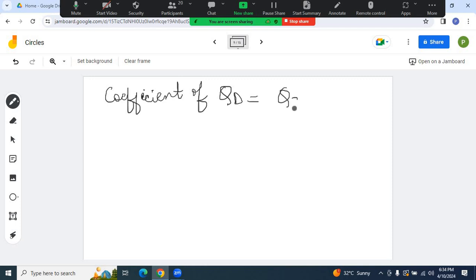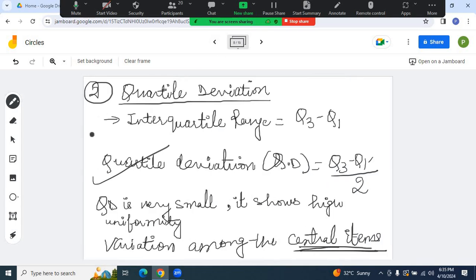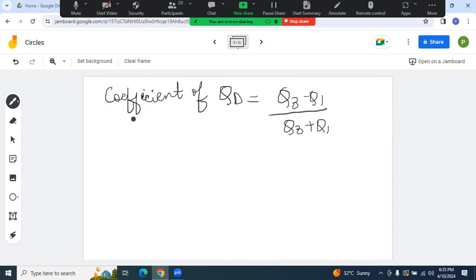It will be Q3 minus Q1 upon Q3 plus Q1. As we studied coefficient of range, in the same way coefficient of quartile deviation. For everything we'll find the coefficients. So these are the formulas. First is interquartile range, Q3 minus Q1. Quartile deviation, Q3 minus Q1 upon 2. And third, coefficient of quartile deviation, Q3 minus Q1 upon Q3 plus Q1.